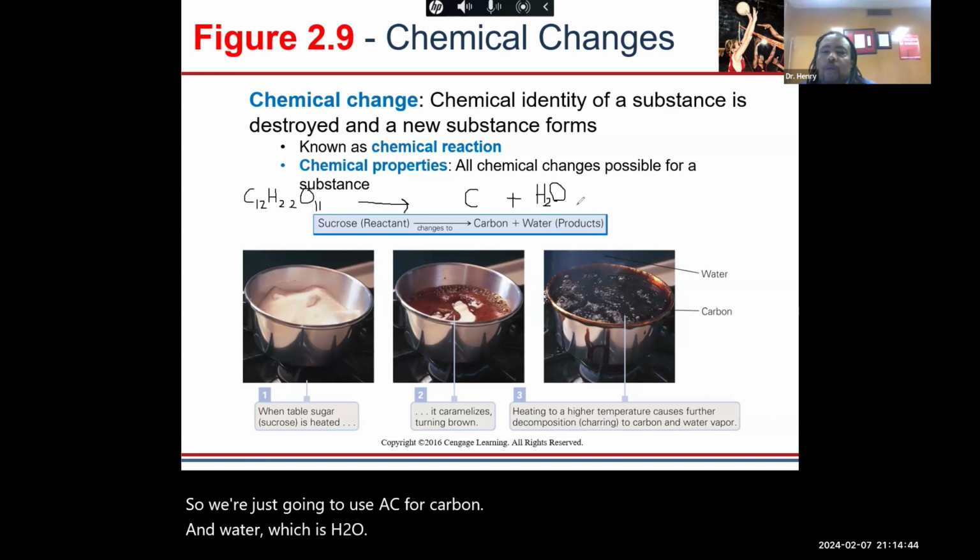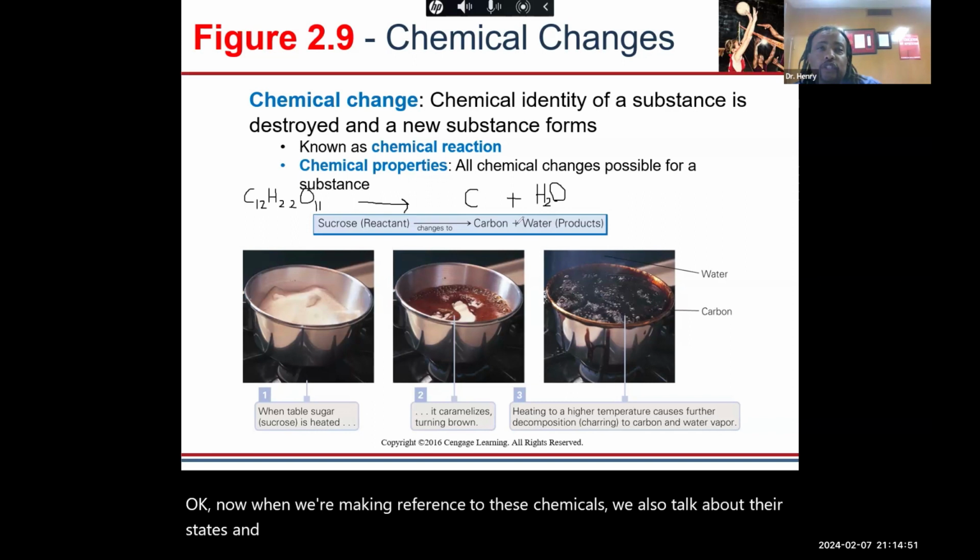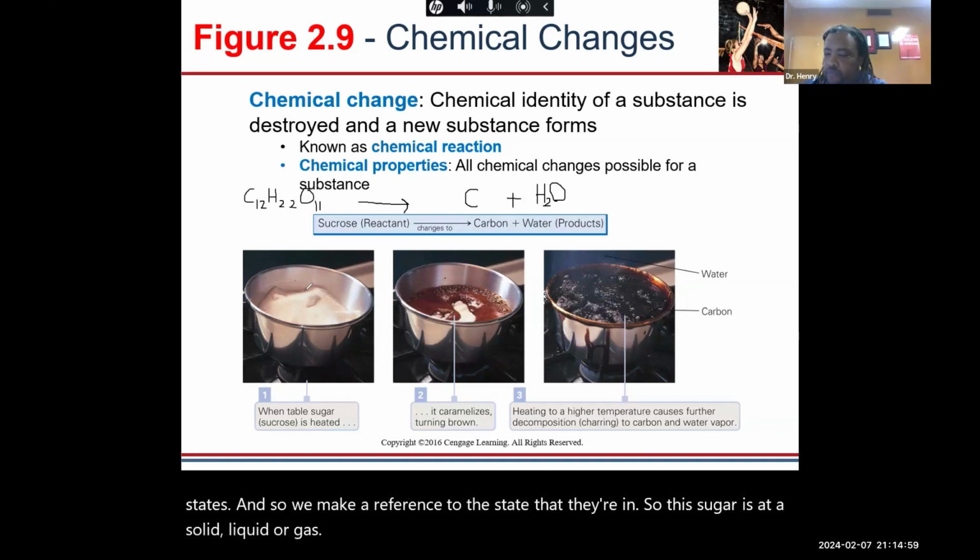Okay. Now, when we're making reference to these chemicals, we also talk about their states. So we make a reference to the state that they're in. So this sugar, is that a solid, liquid, or gas? Oh man, solid. It's a solid.